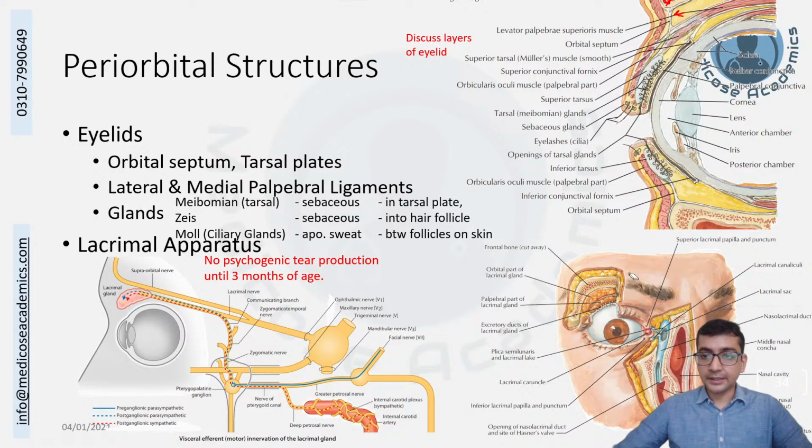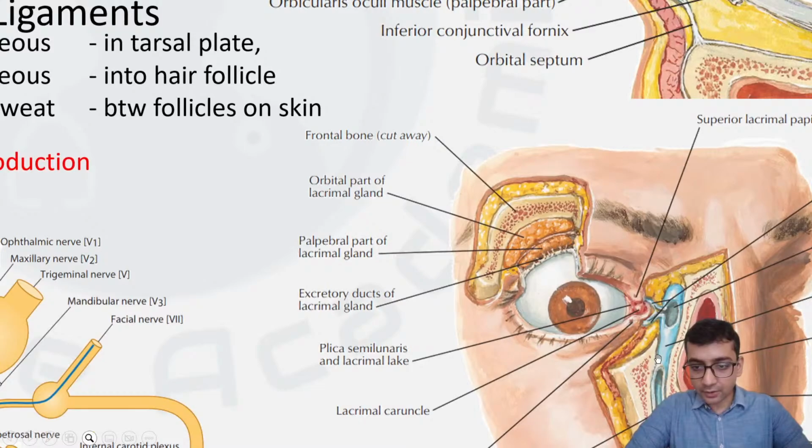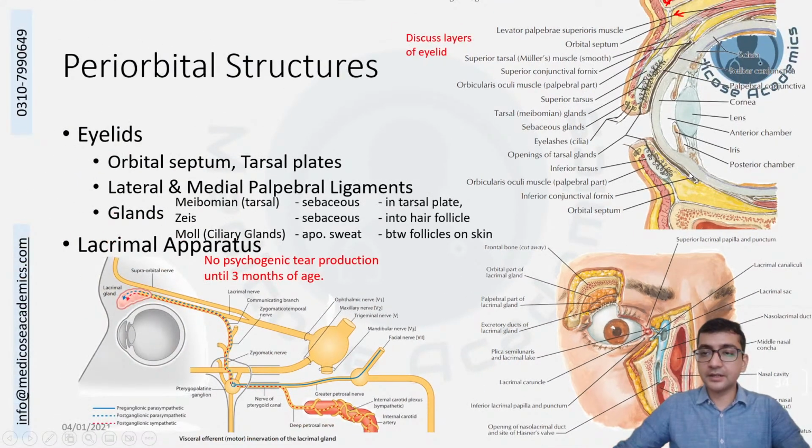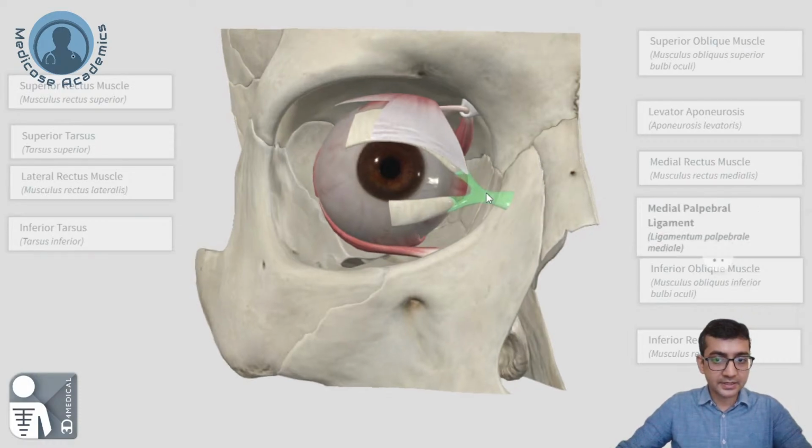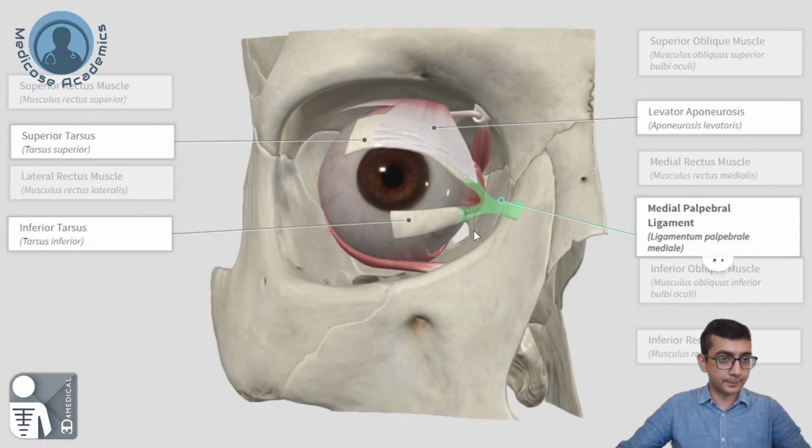Medially and laterally, there is a ligament, the medial and lateral palpebral ligament. We saw them in detail. They are not very clearly shown in these pictures, but they are present and we saw them in detail when we talked about the muscles of facial expression. I can show you in the 3D model here. So this is basically the medial palpebral ligament.